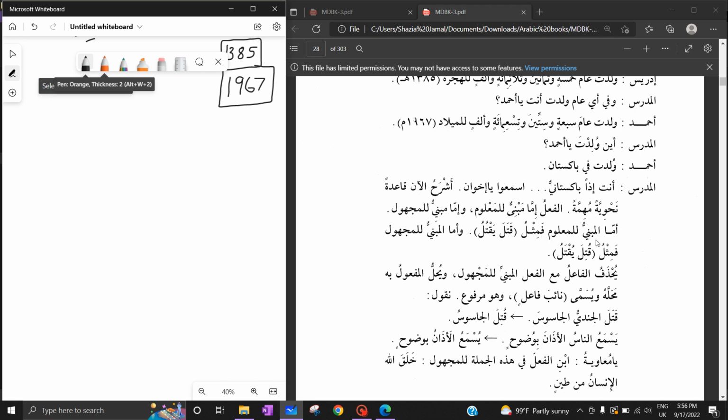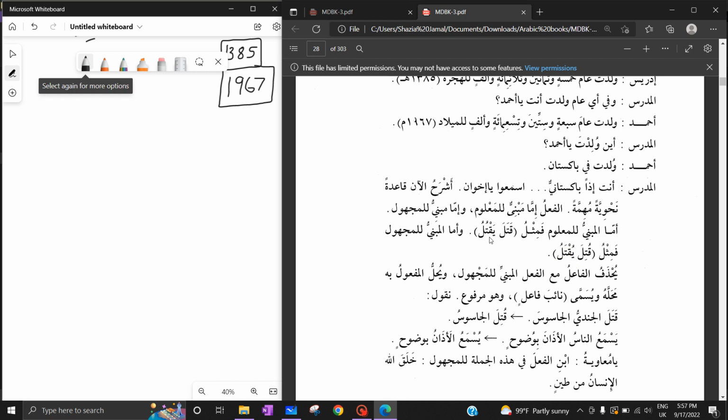Amma, as for mabni lil ma'loom, for example, qatala becomes yaqtulu, as in the ma'loom case, meaning in active voice. Wa amma al mabni lil majhul. Now what happens in majhul, as I have explained before, mithl qutila yuqtalu. What happens? The first letter gets a dhamma, the second last letter gets a kasra in past tense. What is the rule for present tense for the same verb?